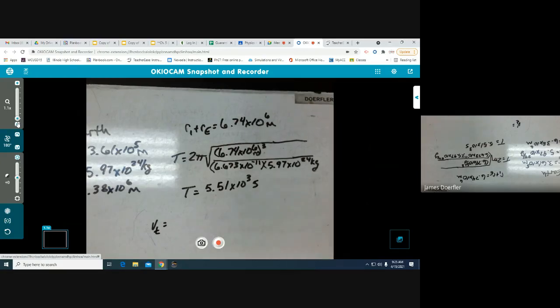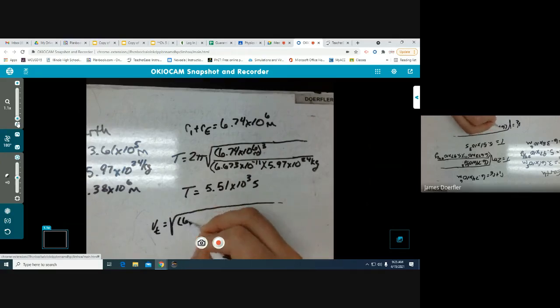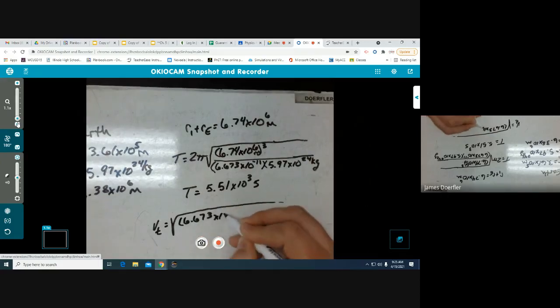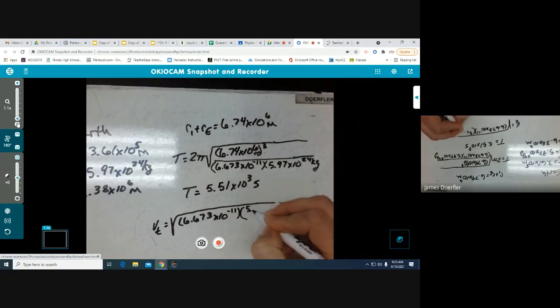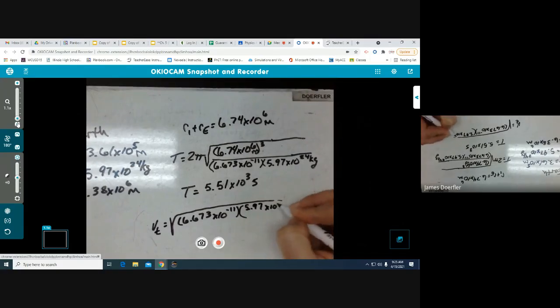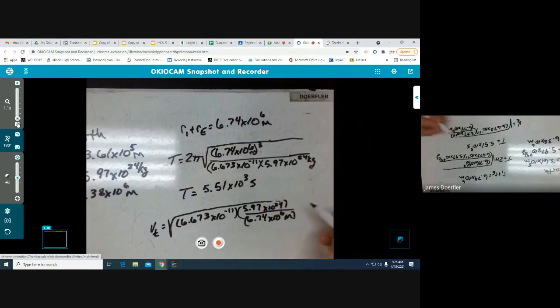So again, you're going to take the square root. This time you're going to have your gravitational constant, 6.673 times 10 to the negative 11th. Now I'm just going to take that and then multiply it by the result of taking our mass, 5.97 times 10 to the 24th divided by 6.74 times 10 to the 6th meters, which again is our distance.